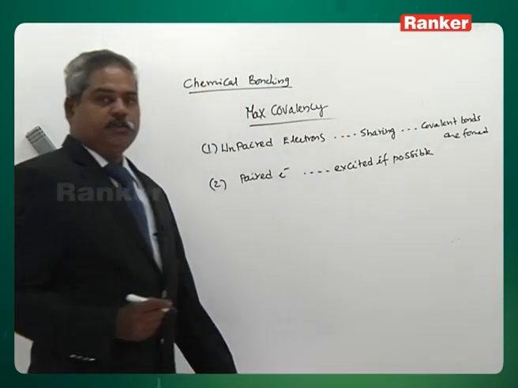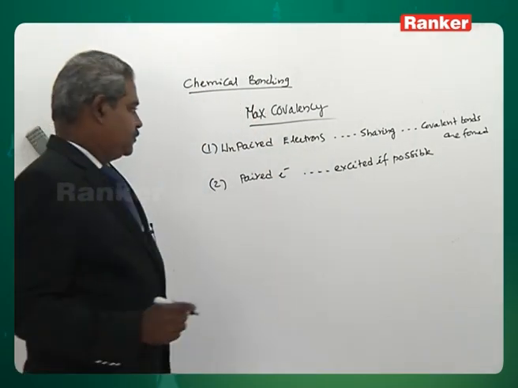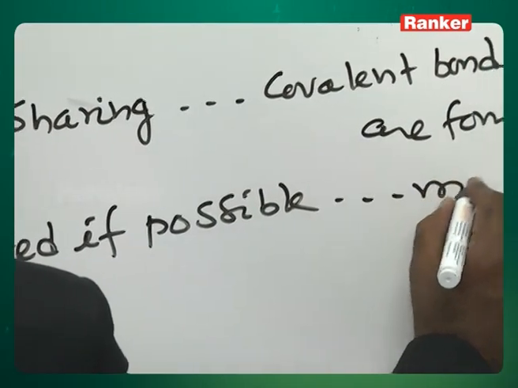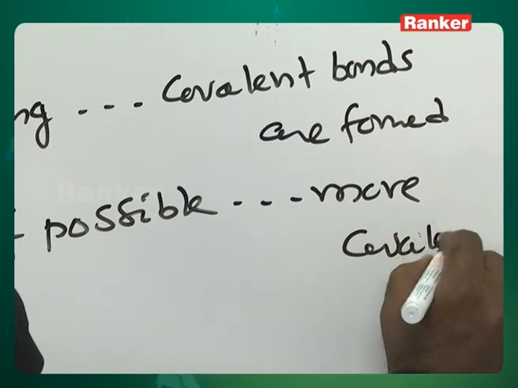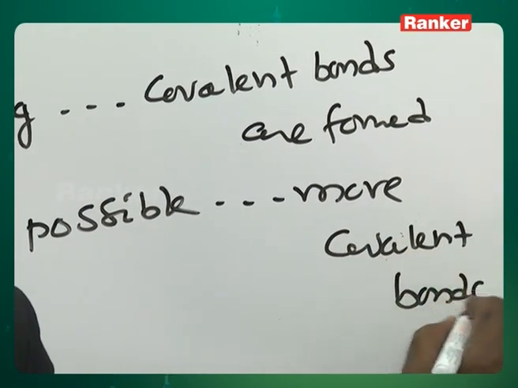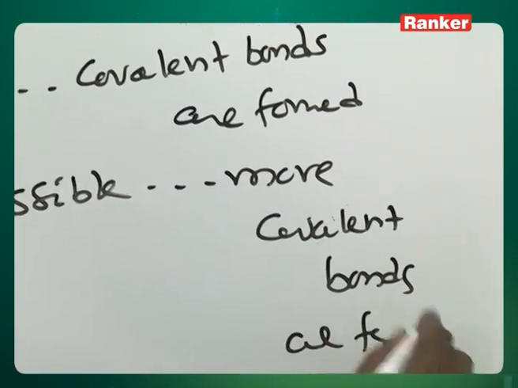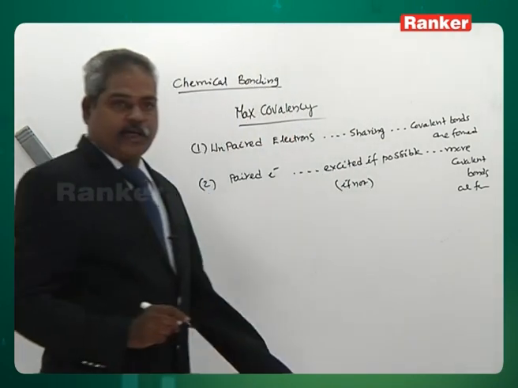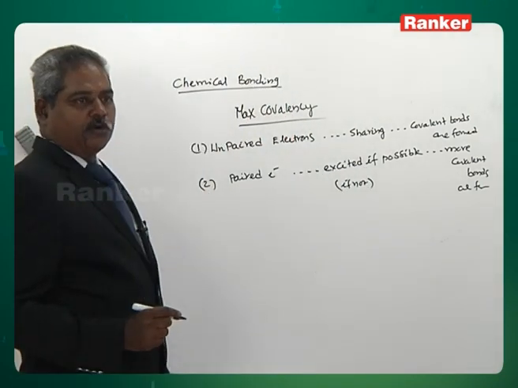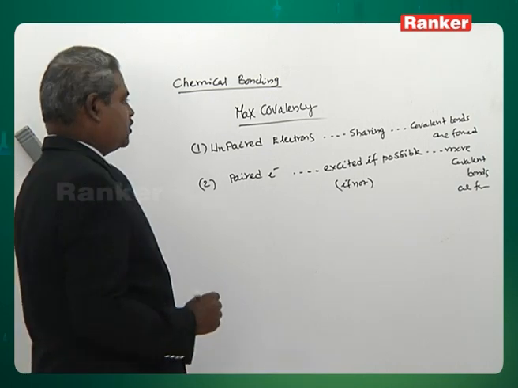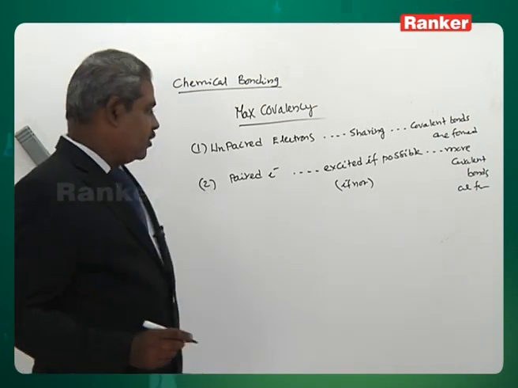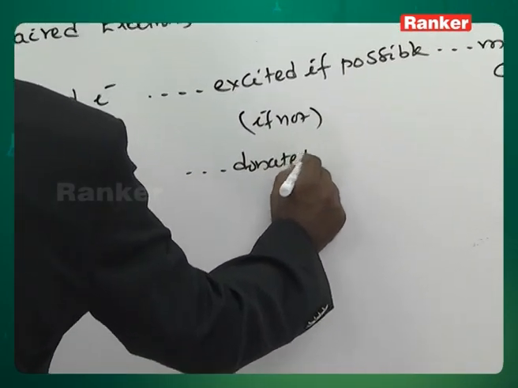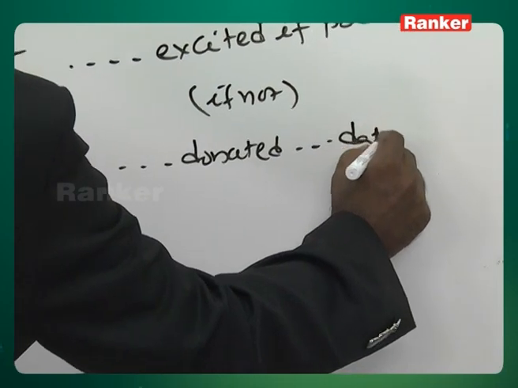If possible, in the sense that there are vacant orbitals, the paired electrons are excited, and more covalent bonds are formed. If it's not possible to excite the electrons because of the non-availability of any vacant orbitals, they are donated as such, to form a dative bond.